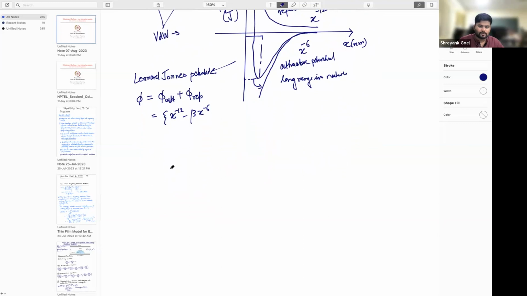So that is one of the interactions between two colloidal particles. Another interaction comes from the surface forces. The surface forces arise from the proximity of the colloidal surfaces.